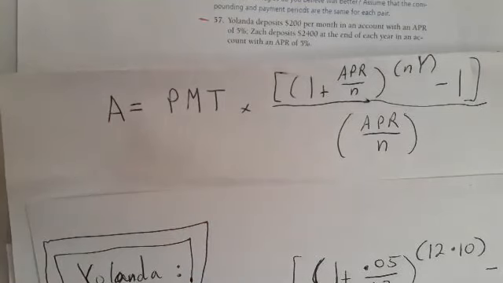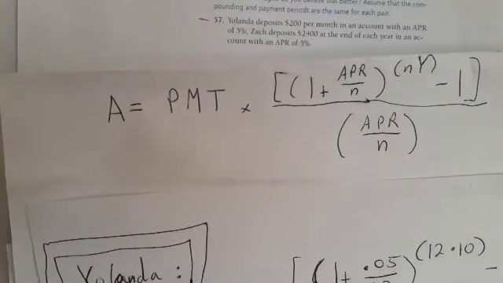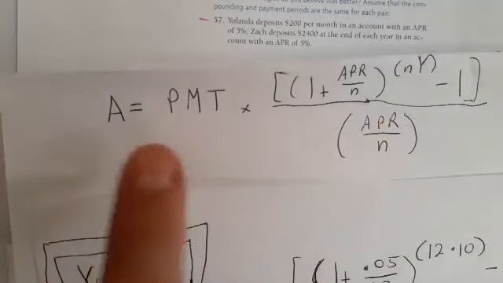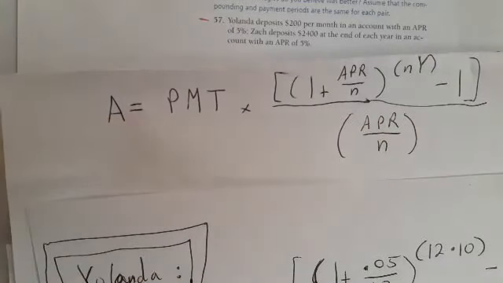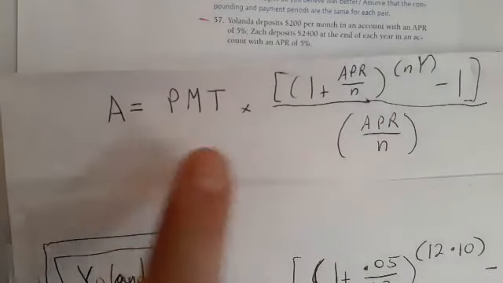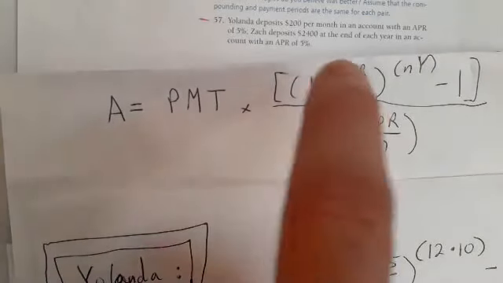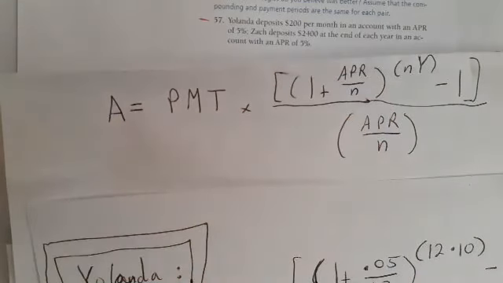She's making payments of 200 per month. You should be figuring out the accumulated amount, which is the amount that she has after a certain amount of time, right? So we want to figure out the accumulated amount given that her payment is 200, the APR is 5%, she's doing it monthly, and she's doing it for 10 years.